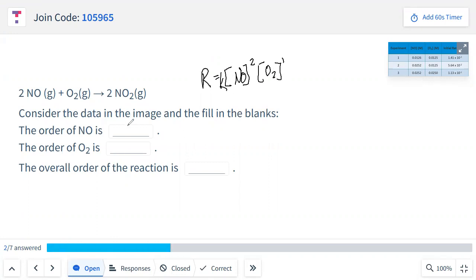So the order of nitrogen monoxide was 2, order of oxygen was 1. Overall order, we add those together, it would have been 3. All right, any questions with that before we move on?